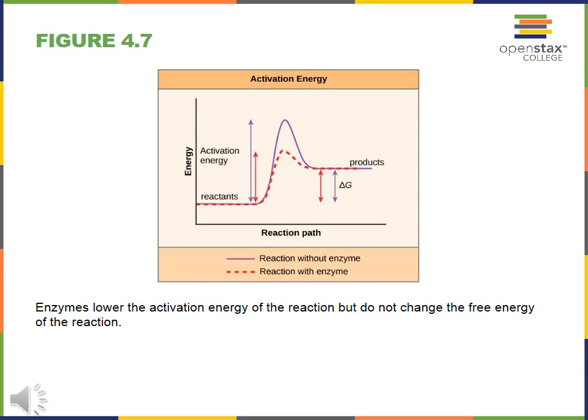If we didn't have enzymes, then there might be too much energy involved in this chemical reaction, which is what that purple line is showing you, how the hump, if you will, goes way up at the top and then comes down.